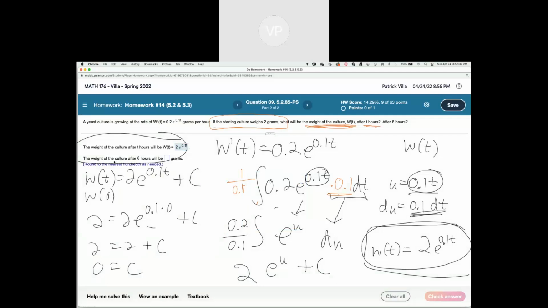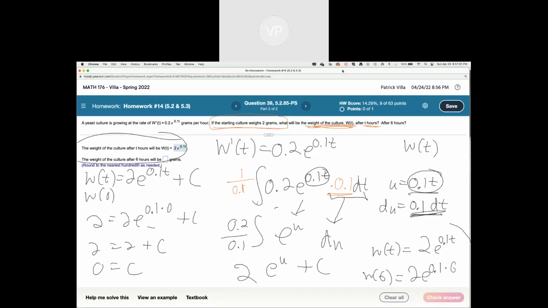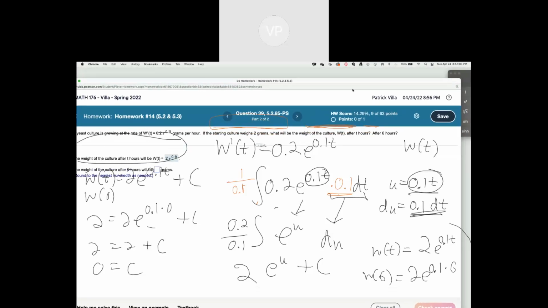Okay, and then the last part, what's it going to weigh after 6 hours? So I have to plug in W of 6 into this answer right here, the actual function, the one that's right above it. And that's going to be 2e to the 0.1 times 6. So I have to figure this out. This will be a calculator, and they say round to the nearest hundredth. I have my calculator here somewhere. There it is.